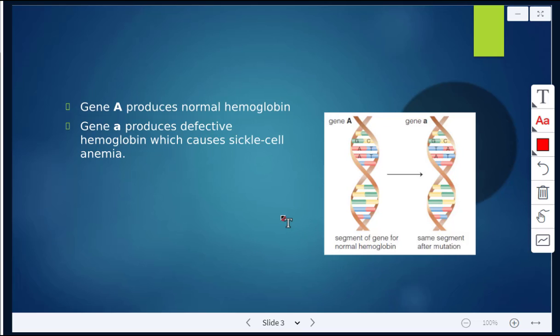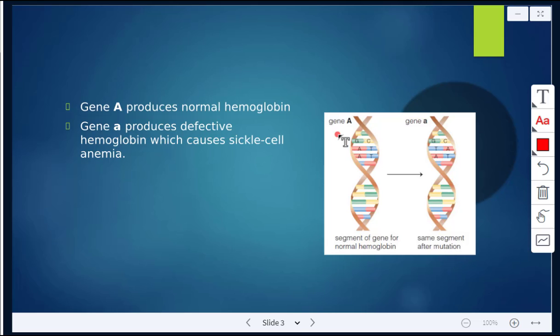Here we're just looking at a diagram. Gene A here is producing normal hemoglobin. Hemoglobin is part of the blood cells. And then here, the gene lowercase a is showing the same segment after a mutation.